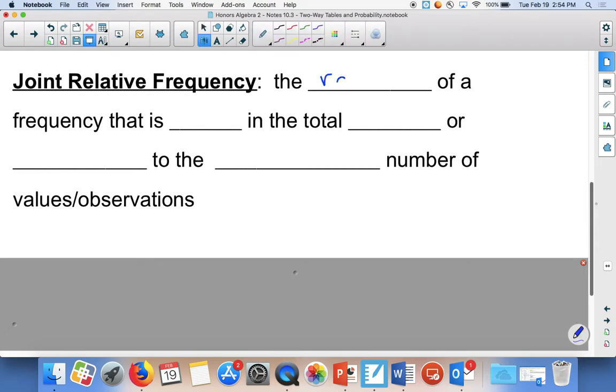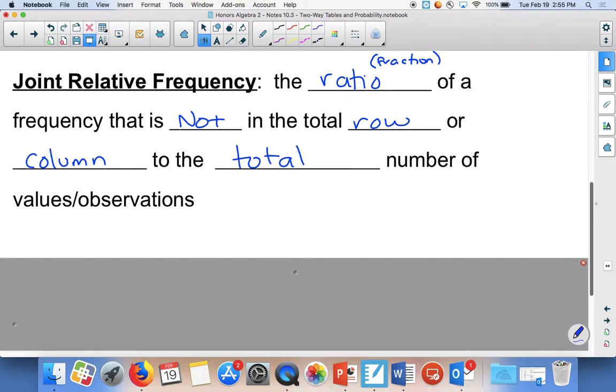So the ratio of a frequency that is not in the total row or column, and you're going to compare that to the total number of values or observations.